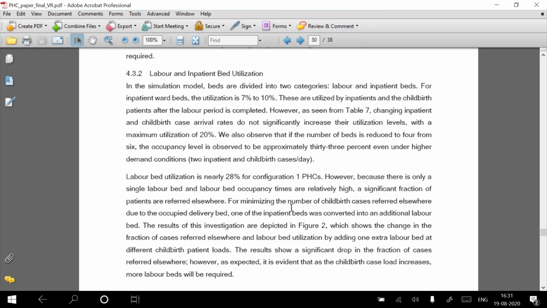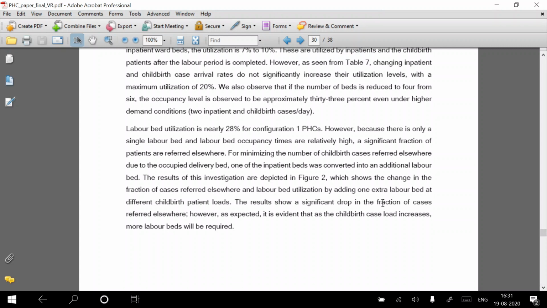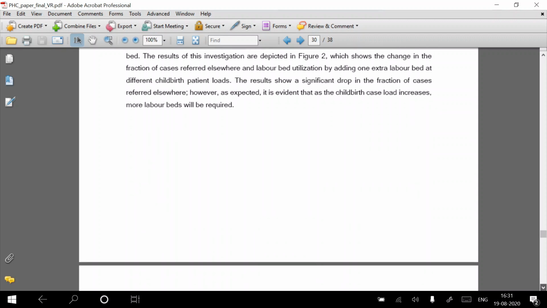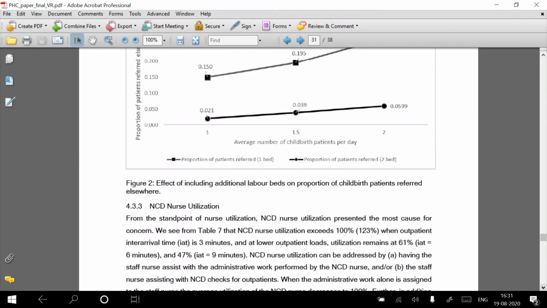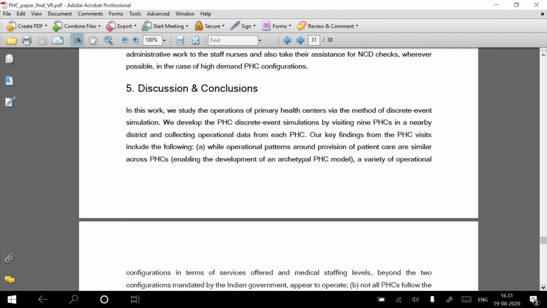So for minimizing this, one of the inpatient beds was converted into an additional labor bed, and we show the results there. And we show that, okay, that shows a significant drop in the fraction of cases referred elsewhere. So you can see that, and so on, right? So this is an example.